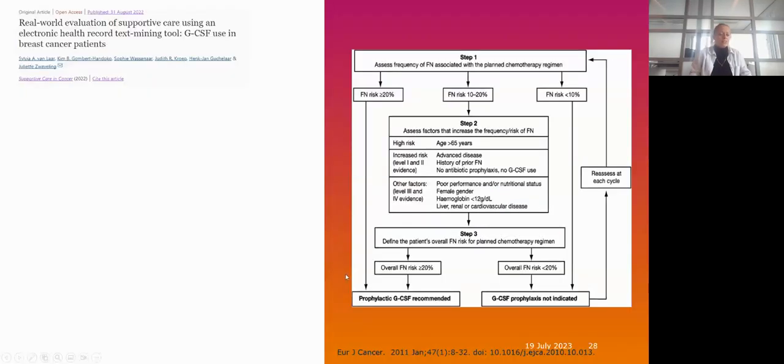What we also did, based on the structure, you can do a lot. Can we also evaluate if a certain guideline is followed in a good way? In this case, it's breast cancer, it's another disease, and this is chemotherapy. That's not the important point. The question was, do patients with a high risk of febrile neutropenia get a prophylactic treatment?